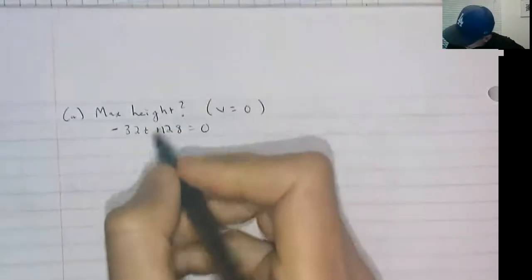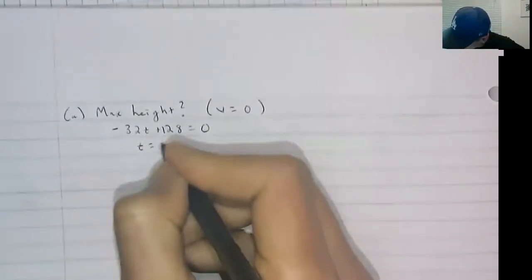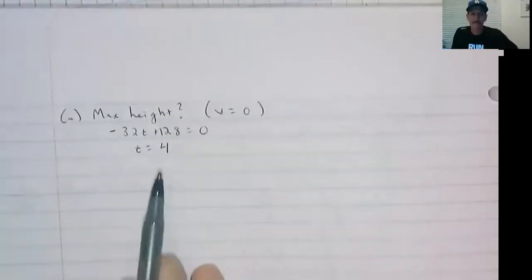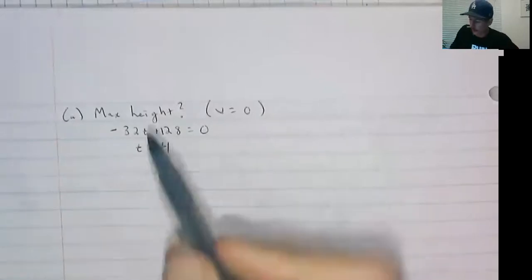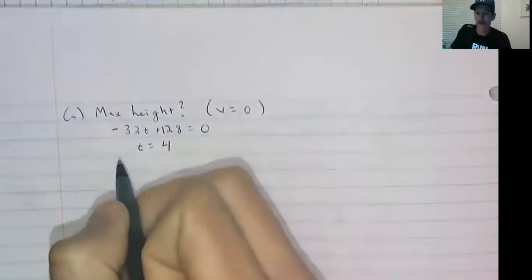Well, that is exactly when t is equal to 4. So that is when we have our max height. What our max height requires us to do is plug this in to our position.